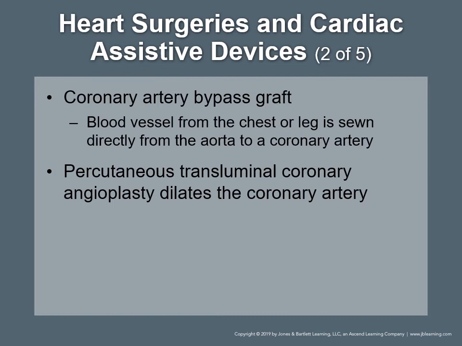It's a CABG, coronary artery bypass graft. It's a blood vessel from the chest or leg. It's sewn directly from the aorta to a coronary artery beyond the point of the obstruction. Patients who have undergone a bypass graft will have a long surgical scar on their chest from the procedure. That's called a zipper.